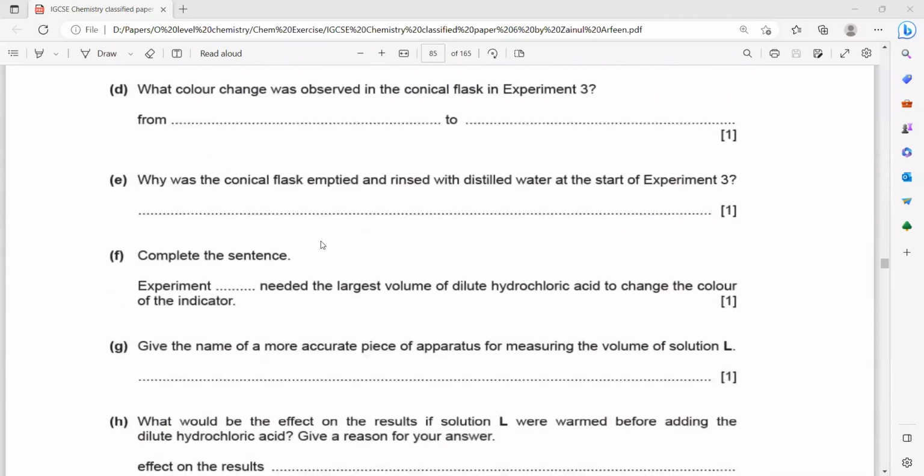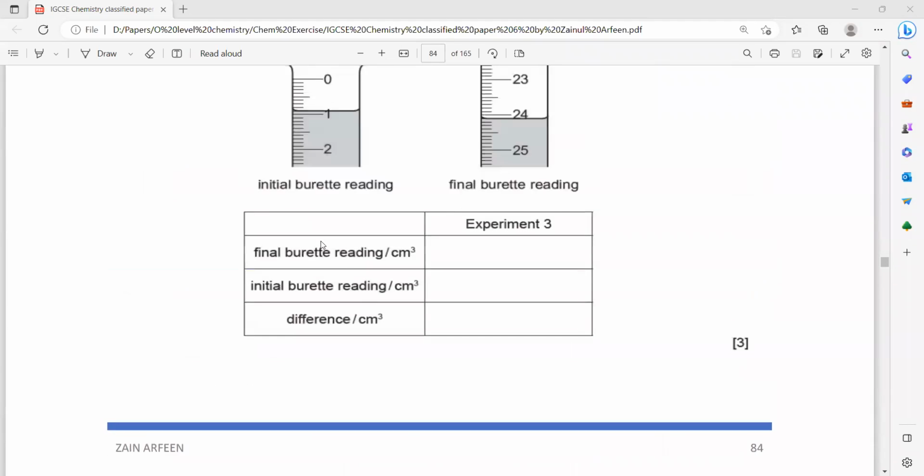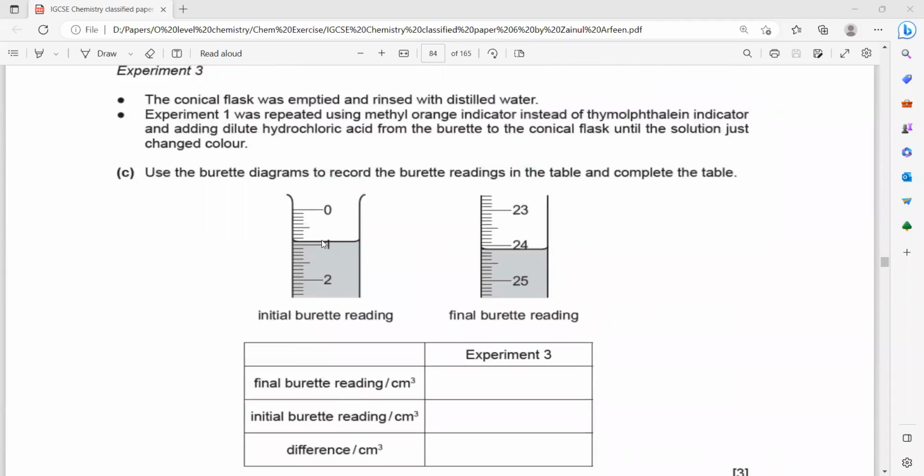Then what color change was observed in experiment 3? Look, in experiment 3 you are using methyl orange. Methyl orange is added into the conical flask. And what was there in the conical flask? The conical flask was filled with sodium carbonate solution, an alkaline solution, Na2CO3. Yellow to orange. Initially, because it was an alkaline solution, you will mention yellow.